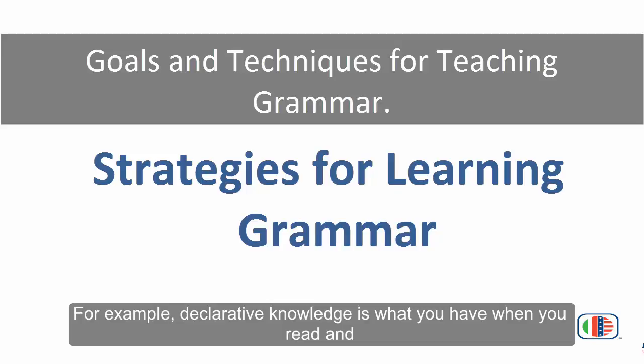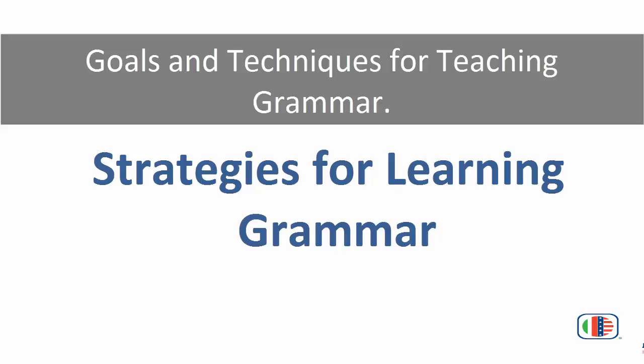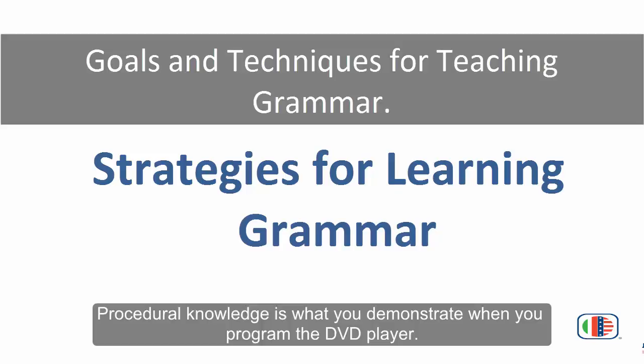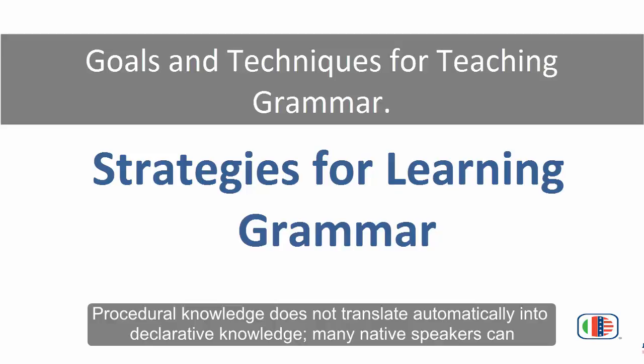For example, declarative knowledge is what you have when you read and understand instructions for programming a DVD player. Procedural knowledge is what you demonstrate when you program the DVD player. Procedural knowledge does not translate automatically into declarative knowledge.